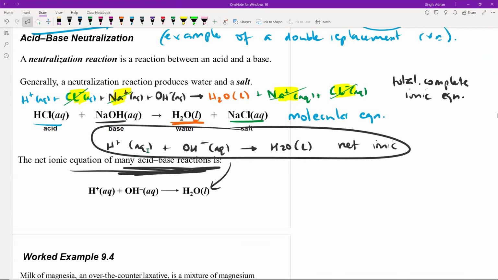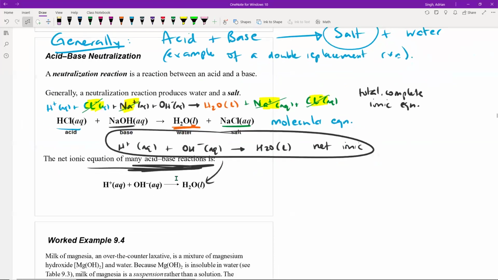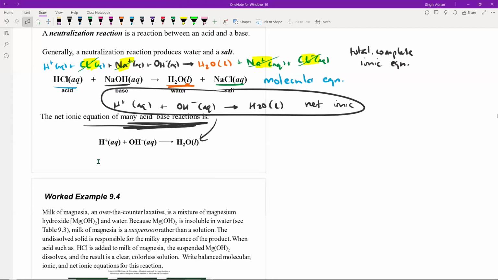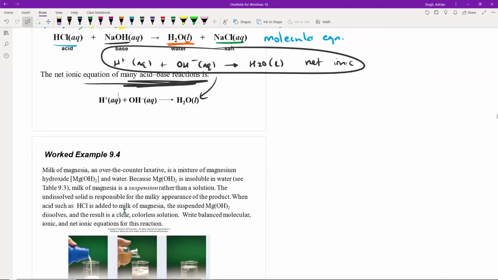Let's take a look at a couple of examples, and there's one wrinkle that we throw in. It says HCl is added to milk of magnesia, resulting in a solution. Write the balanced molecular, ionic, and net ionic equations.